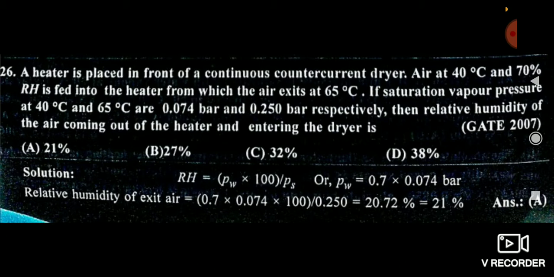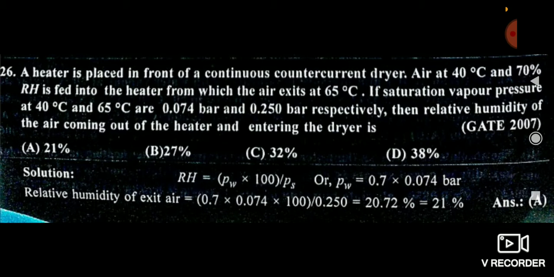So here in this case it is given that air is present at 40 degree and the relative humidity is 70%. So friends, many students are going to be confused. They think that relative humidity is 70%, so it is present at 40 degree also and 65 degree also. This is totally incorrect. Relative humidity of 70% is at 40 degree temperature.